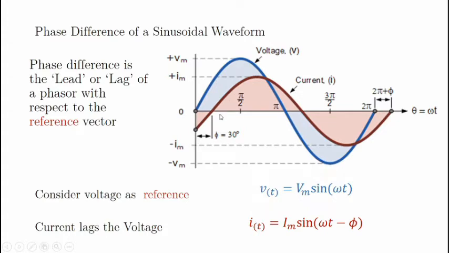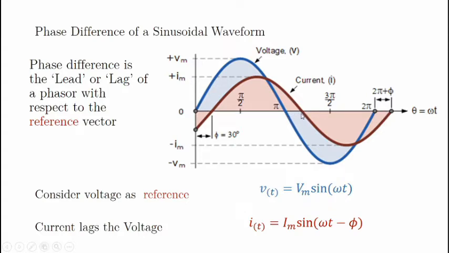Now, when can you say that two vectors or two waves are at the same phase, or in phase with each other? In certain cases, even if the vectors are having the same frequency, sometimes they may cross the zero positions at different instants.